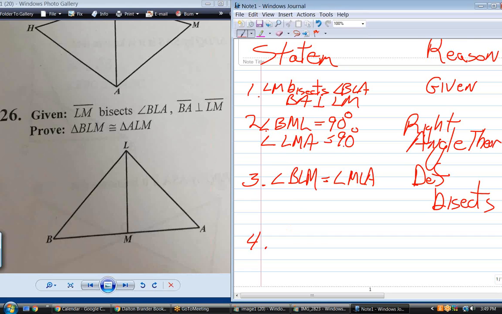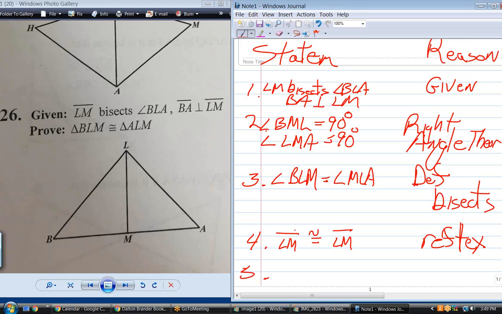Right. The statement that we need in the two-column proof is segment LM equals segment LM. Okay. Again, reflexive. All three of these questions required the reflexive property, which is probably the most annoying one that there is. Don't you agree? Having to state that? Yeah.